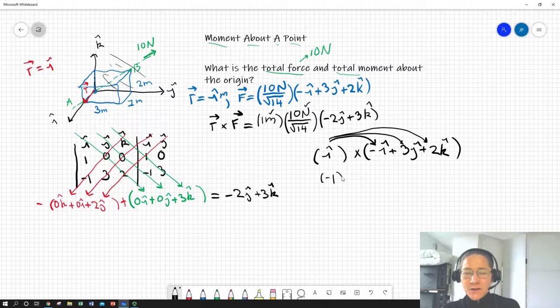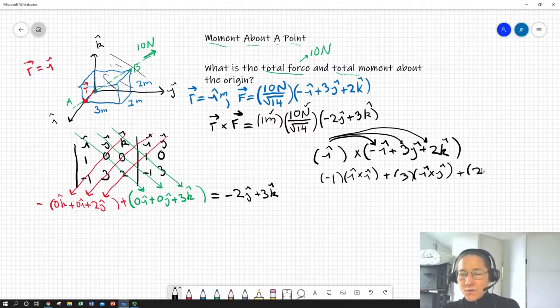Scalar 1 times scalar negative 1 is negative 1. And then we have i hat cross i hat. Then we have 1 times 3, which gives us 3 i hat cross j hat. And then we have 1 times 2, which gives us 2 times i hat cross k hat.